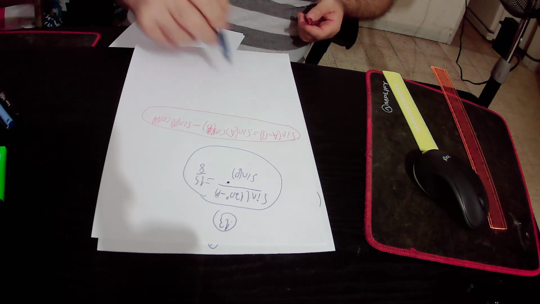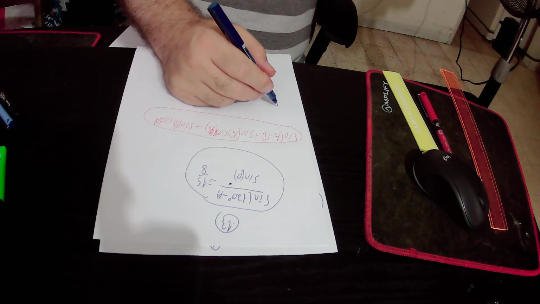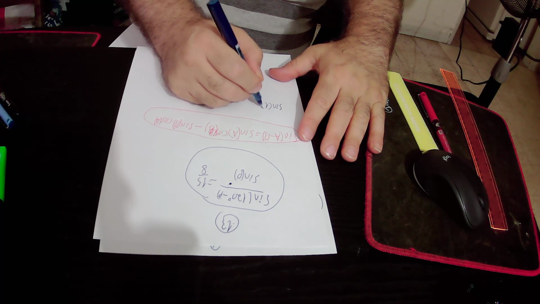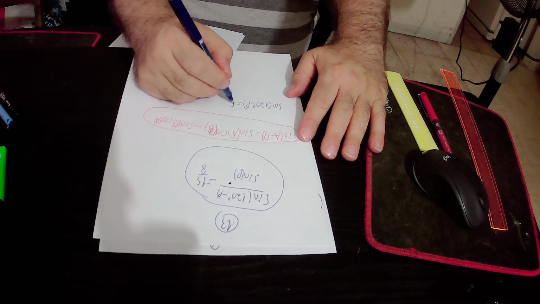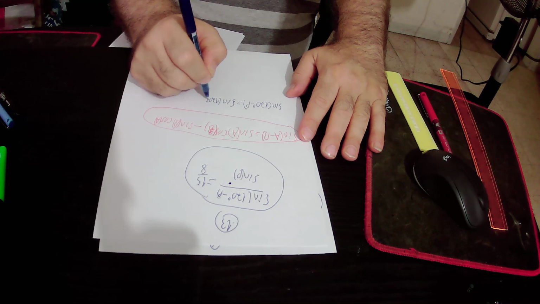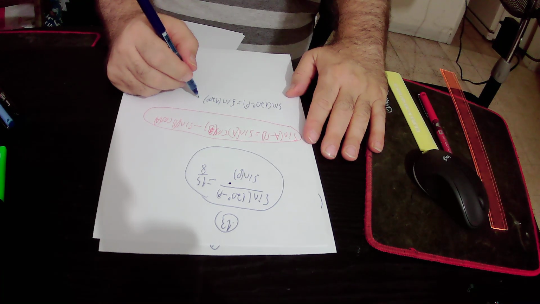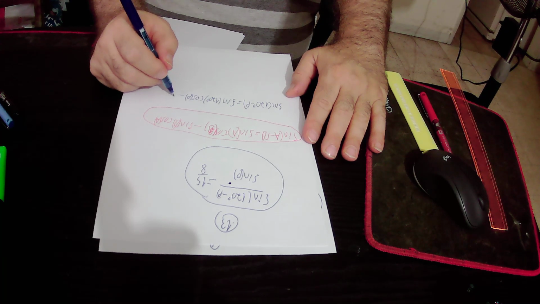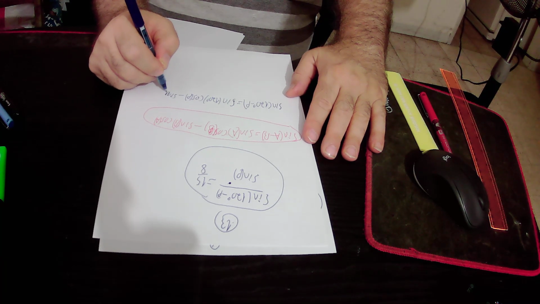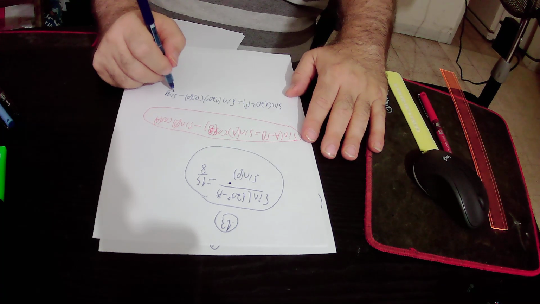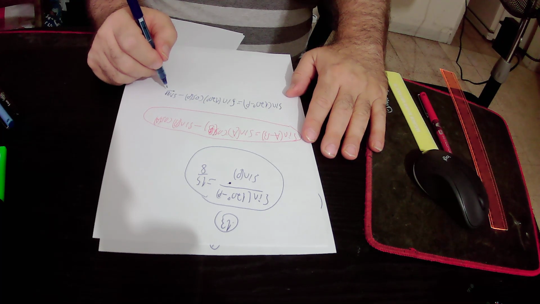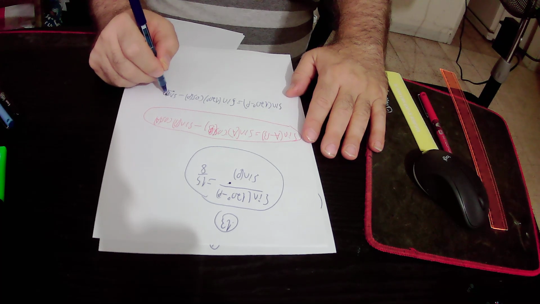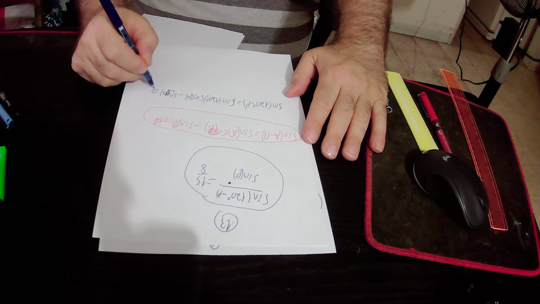So sine 120 degrees minus P will be equal to sine 120 degrees times cosine P minus sine P times cosine 120 degrees.